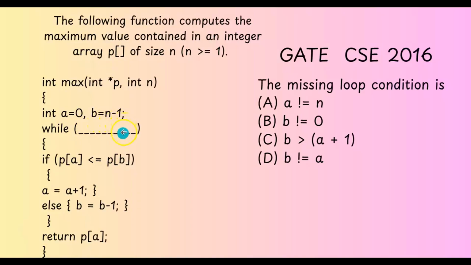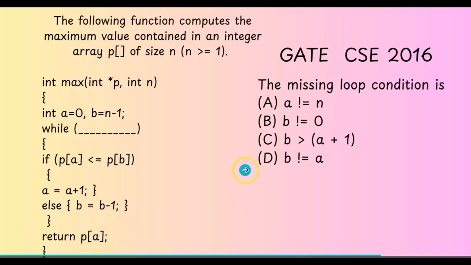What we should find out is what is to be filled in this dash, so that this program will find the maximum value. What is the condition you are checking here? P of A less than or equal to P of B. If the condition becomes true, A is equal to A plus 1, otherwise B is equal to B minus 1, and finally you return P of A.